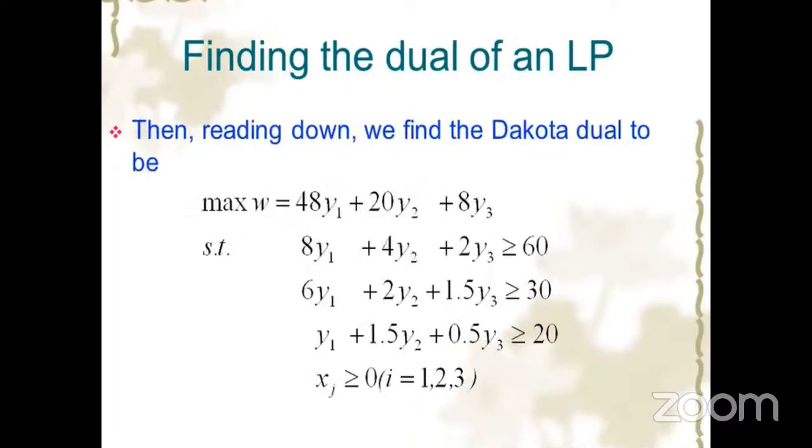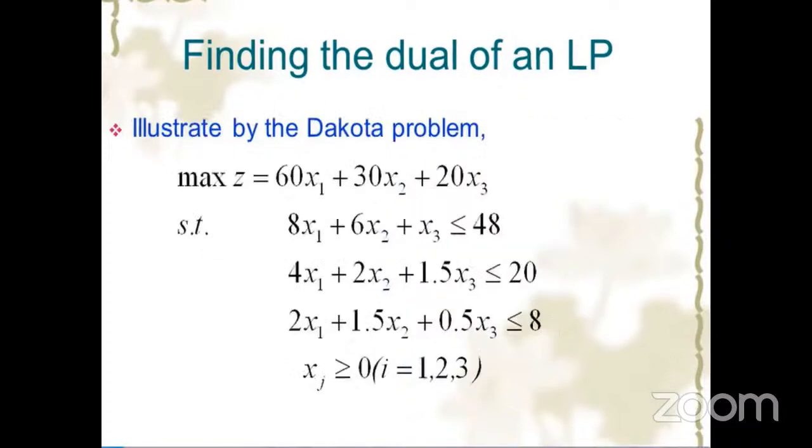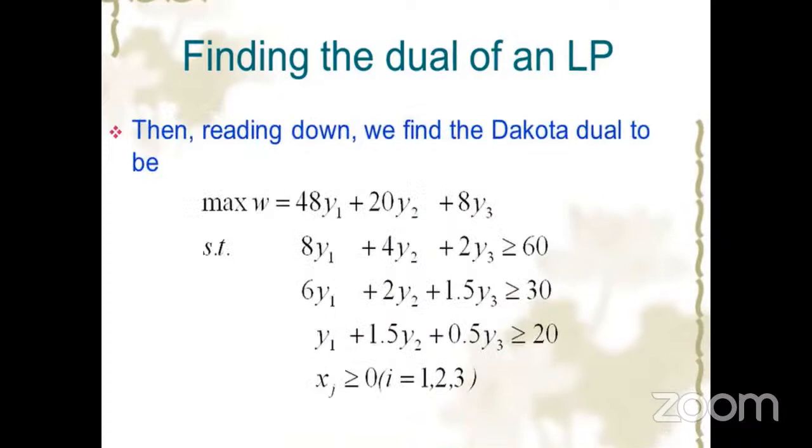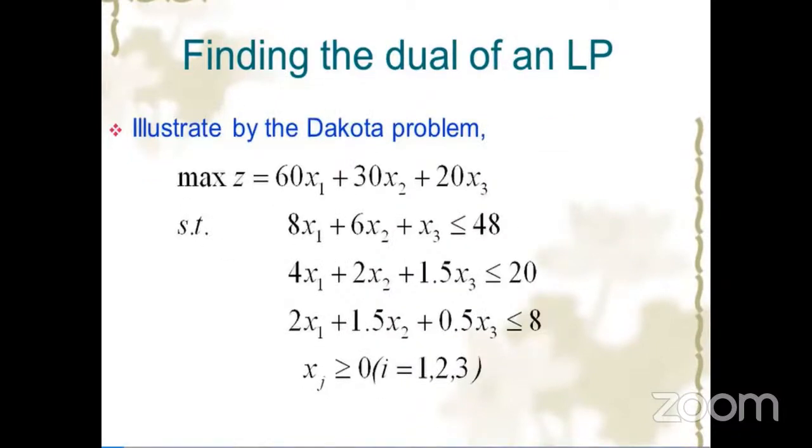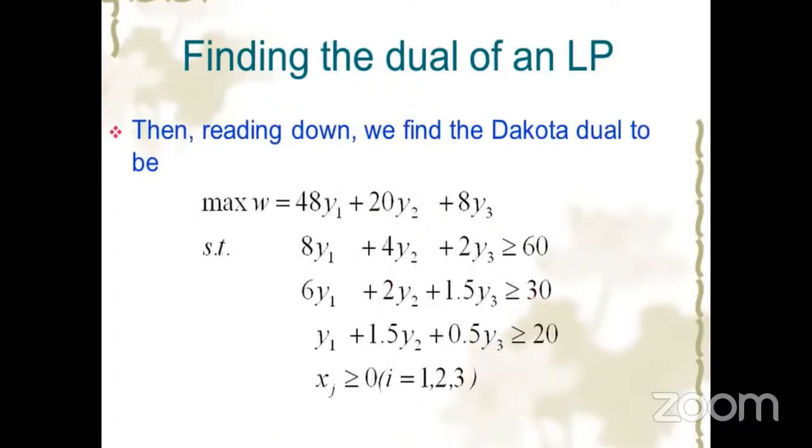You can see the question is converting; reading down we find the dual to be minimize w equals 48y1 plus 20y2 plus 8y3 subject to the constraints. You can see clearly. Yes, sir. So small equations make a lot of this.